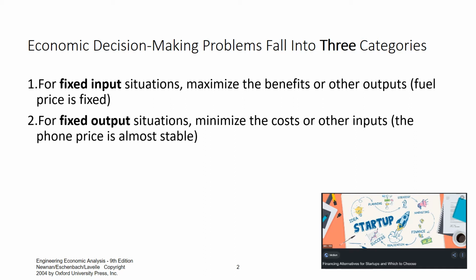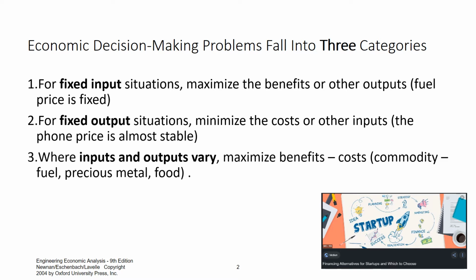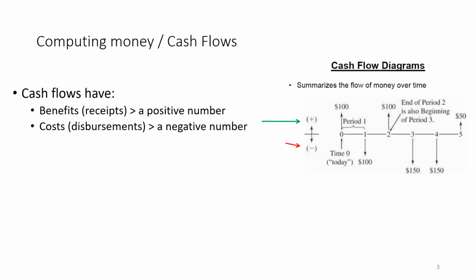For example, the phone price is almost stable, such as the Samsung phone, the Sony phone, the Huawei phone. Third, where input and output vary, we try to maximize benefits over cost. For example, the control of commodity prices: fuel, precious metals, and also food.